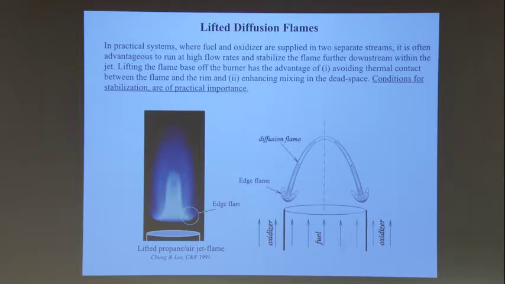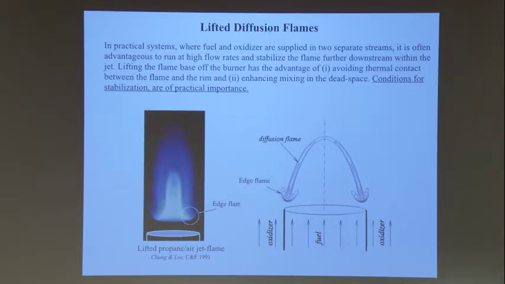Of course, it has practical application because very often you don't want the flame to touch the burner rim, perhaps in order to avoid corrosion or other things. And the other thing is, if it's lifted, you don't want it to be too lifted because it can be blown off easily. On the other hand, lifting the flame provides some mixing here.